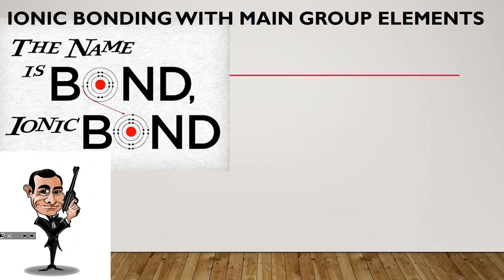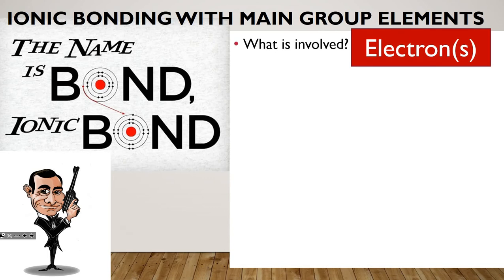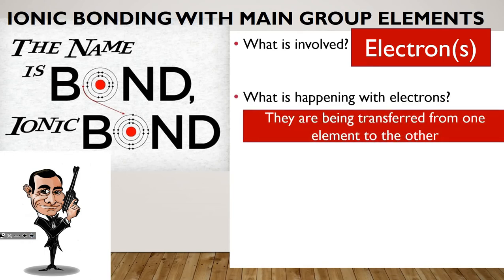All right, so we are starting with bonding and what's going on with it. So, what's involved? Electrons. We've been working with electrons in the last unit. We're now working with them in bonding. Well, James Bond, he doesn't like to share, so this is a give and take kind of thing.